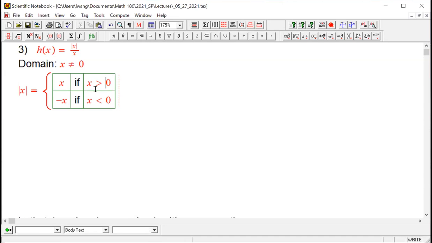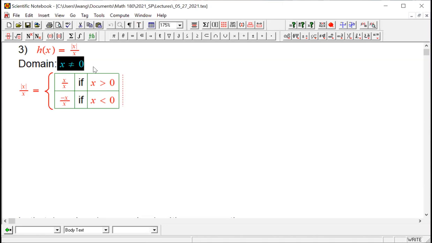It's greater than 0. And then you're going to divide by x. You see how that is done in the domain?